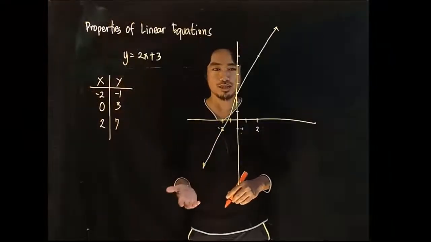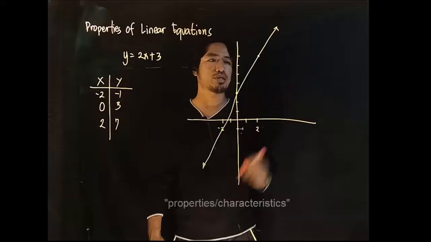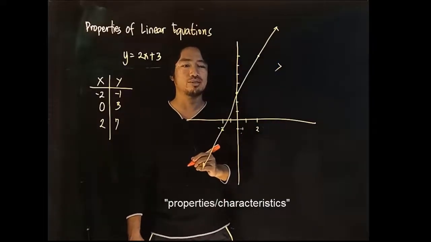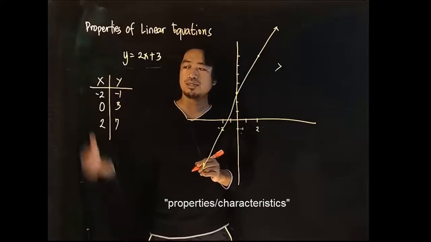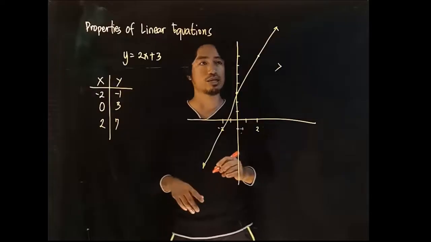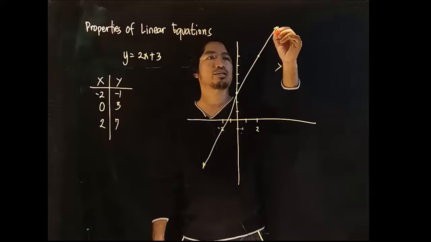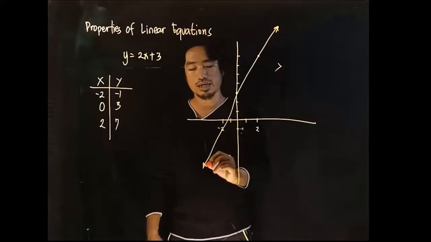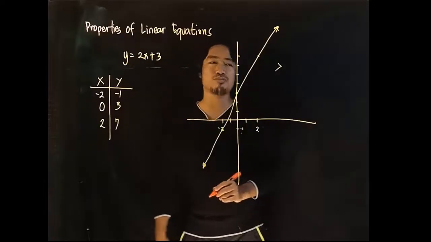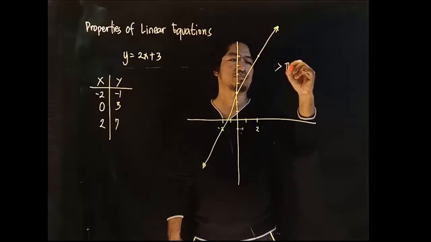From this graph, we can describe the properties of linear equations. The first property is that there are infinitely many points in a line. Although we have plotted only 3 points satisfying the equation, there are actually infinitely many points within the line, because the arrowhead of this line indicates that the line extends indefinitely.